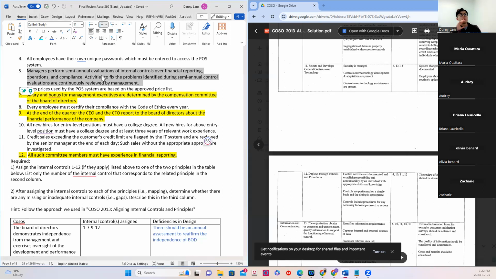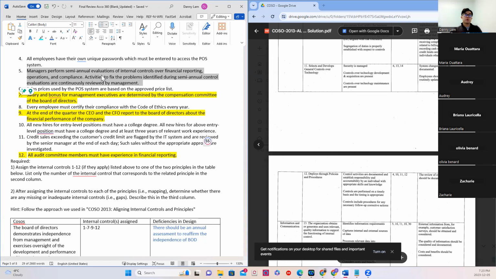Just like overview. Because those are controls, right? But is that small picture or big picture? This is more big picture.